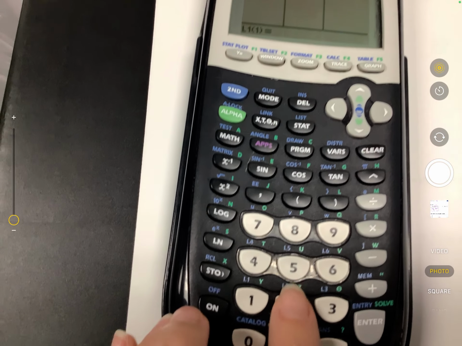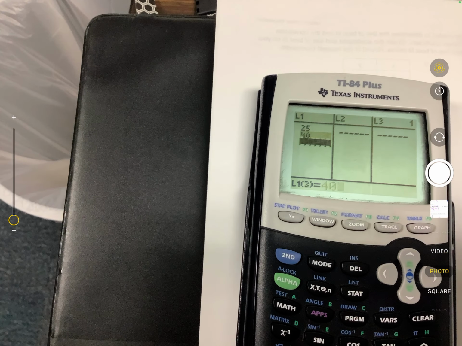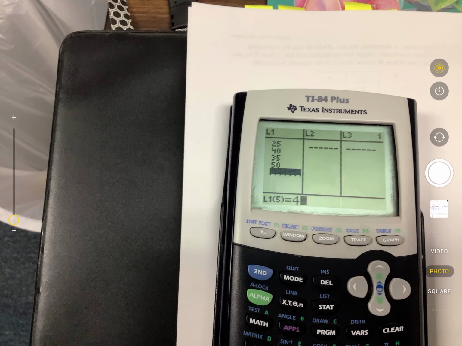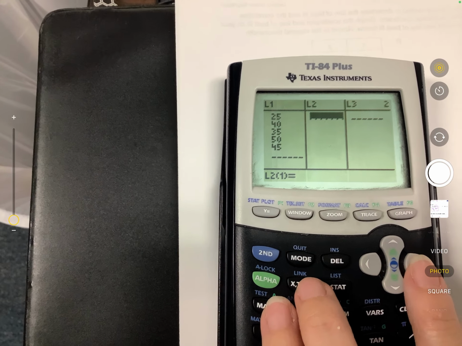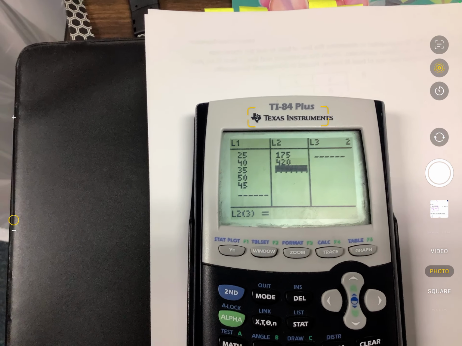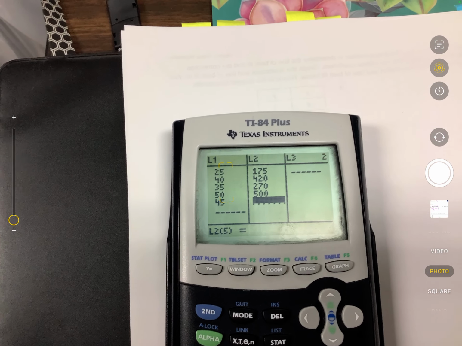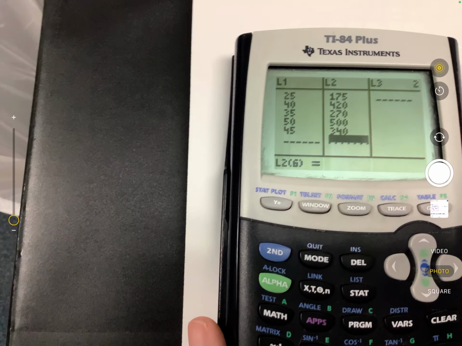So I have a 25, 40, 35, 50, and 45. My Y is the second in the table. So that would be 175, 420, 270, 500, and 340. So that's my data points from my table.